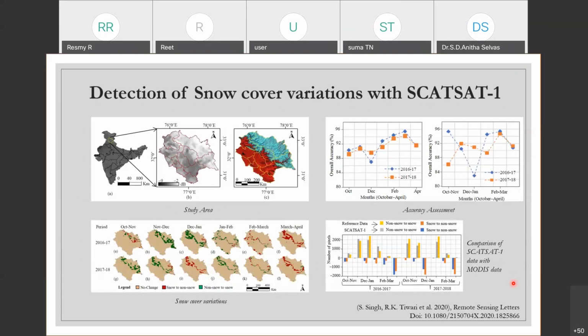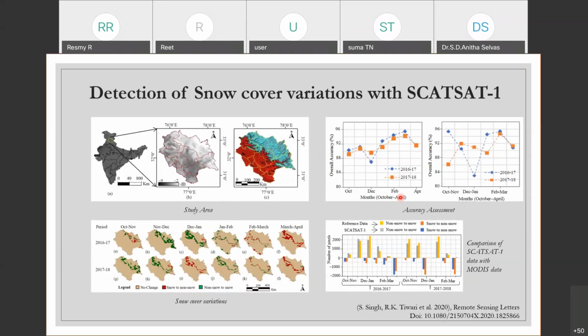These are the data that we generated for 2016-17 and 2017-18. The study area was Himachal Pradesh. You can see that almost half of Himachal Pradesh, the upper northern and northeastern part, is the area which has a lot of snow cover.